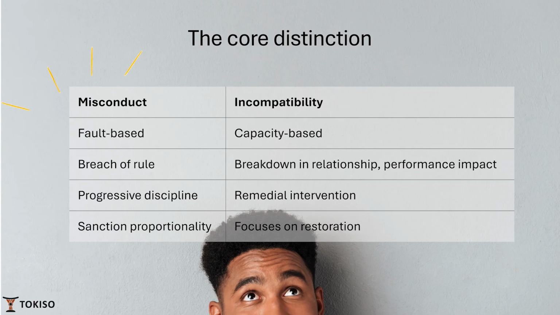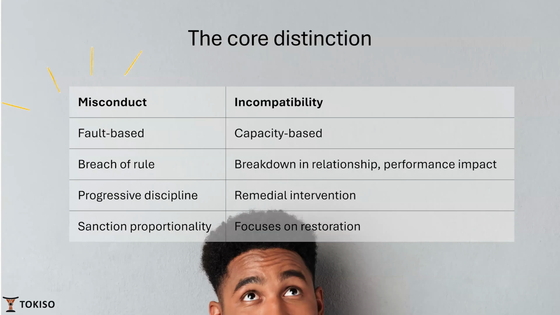There is fault. Incompatibility requires proof that the employee is actually the cause of that disharmony in the workplace, and that there's been an irretrievable breakdown in the relationship. And it's a key differential. The process, as well as the evidentiary burden on the employer and the employee in these matters, differ substantially.